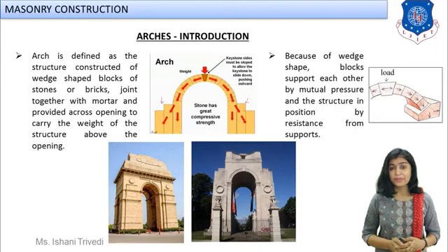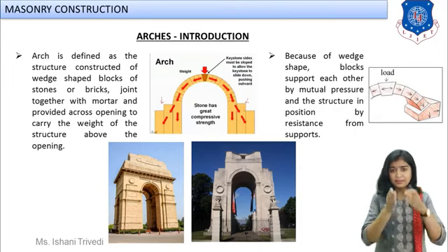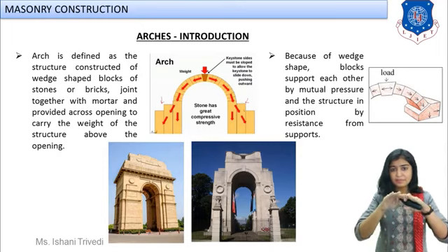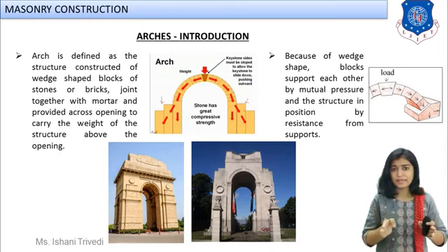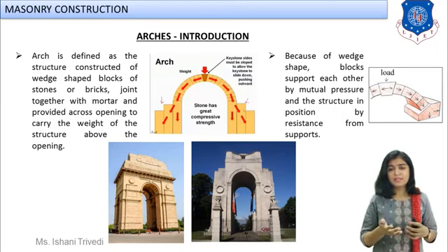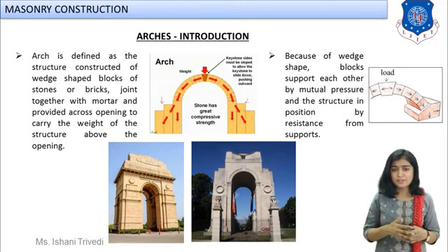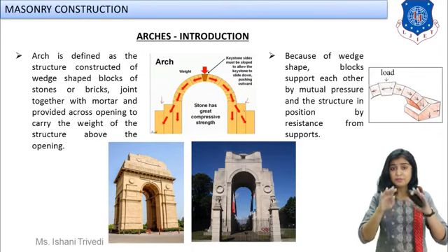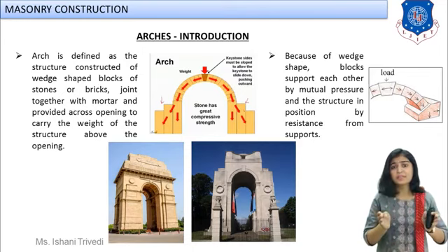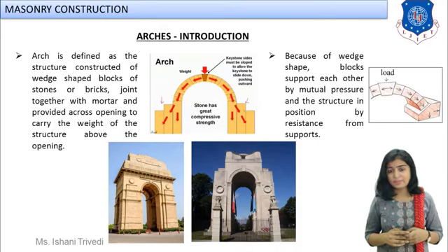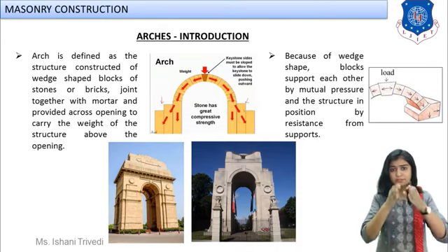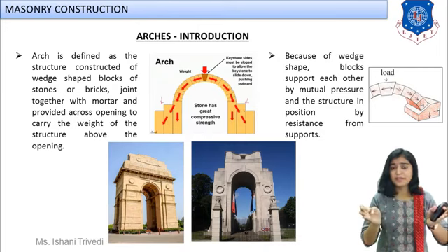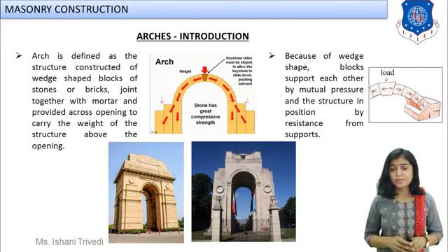Now in lintels we studied that the load coming from the top will be carried by the lintel and transmitted safely to the surrounding side walls. Somewhat similar is the working of an arch construction. For the arch, you will even have more load distribution area as compared to the simple type of lintels. So the load coming from the structure will be spread, then transferred and carried by the surroundings safely, which you can also see over here in the first image.